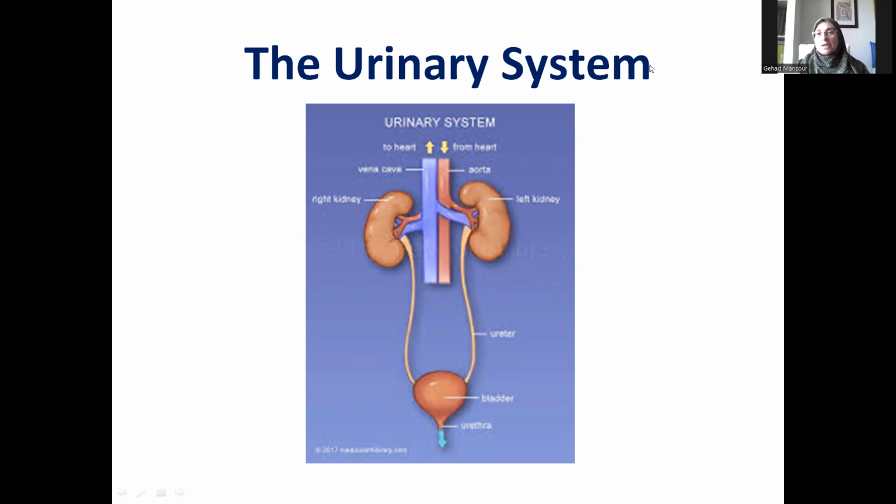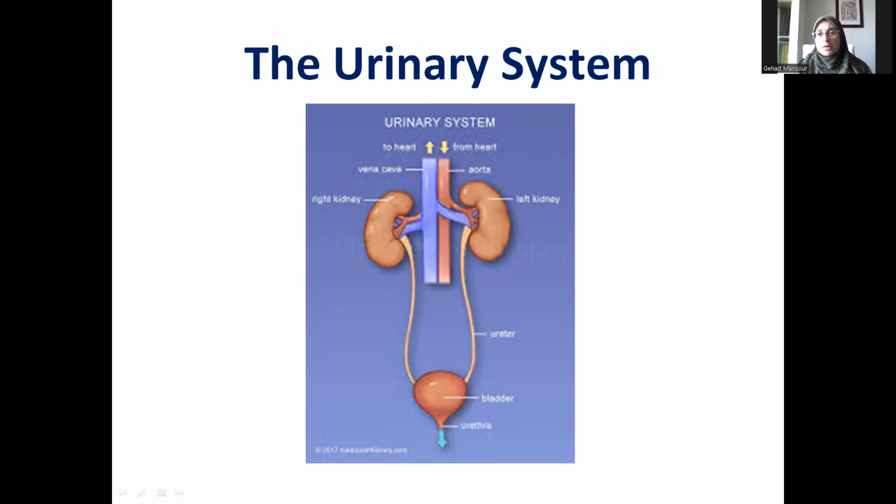Of course, for this slide, you are supposed to know the labeling of the urinary system. One of the important questions is that you might have a drawing on the test, and that drawing might be unlabeled.